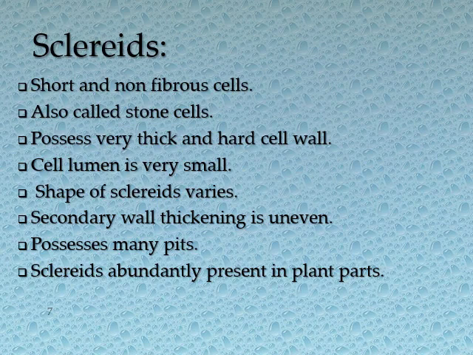The lumen of the cell of Sclereids is filled with wall deposits, so it is very small. In some cases, the deposition of secondary wall is uneven in Sclereids. A Sclereid may or may not retain protoplasm at maturity. Due to high deposition of lignin, they become dead cells.